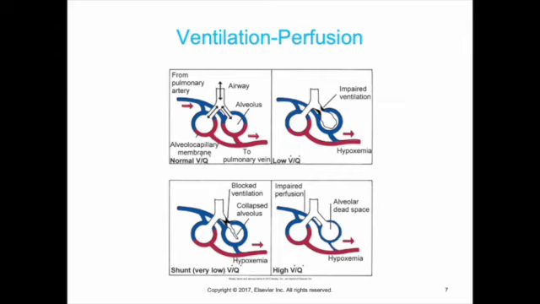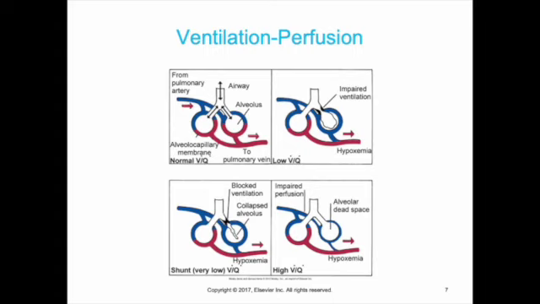VQ mismatch refers to an abnormal distribution of ventilation and perfusion. When you have hypoxemia caused by inadequate ventilation of these well-perfused areas of the lung, you'll have low VQ. When you have this type of mismatch, this is called shunting.